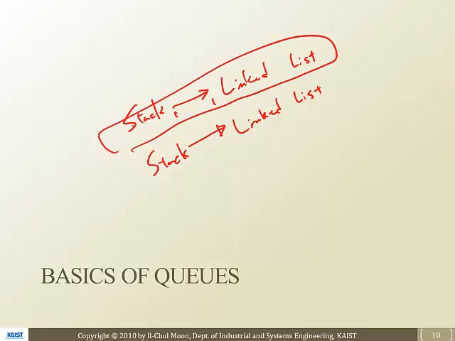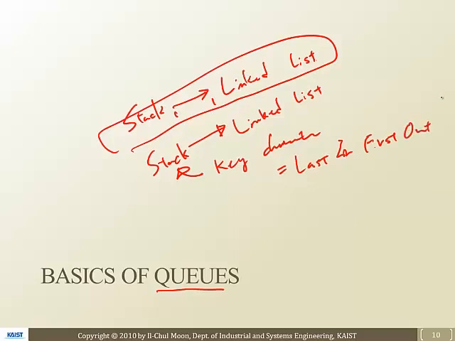In this lecture, in this part, I'm going to cover the queues. So, one of the key characteristics of the stack was what? Last in, first out. It means that the last one that comes in will get out first, right? We call it LIFO.